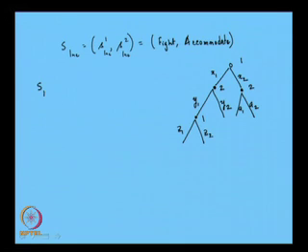Now, here, unlike the case before, there are two histories after which player 1 gets to move. They are phi and the history x1, y1. So, these are the histories after which player 1 moves. So, a strategy must specify which are the actions the player 1 will take after these histories. So, that is what a strategy is.